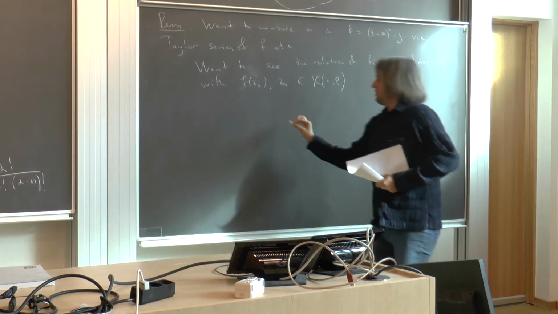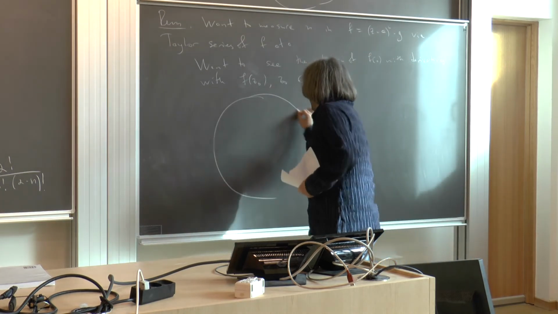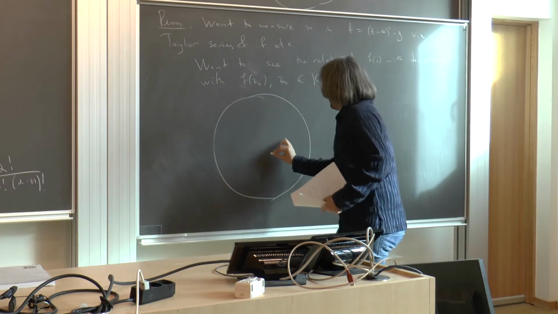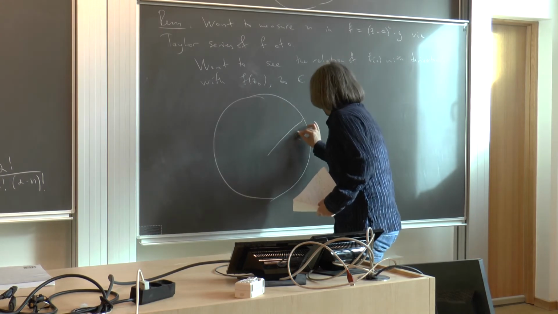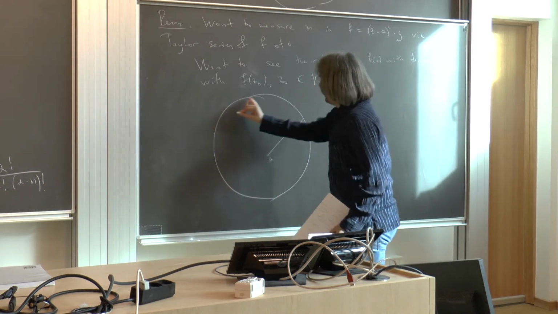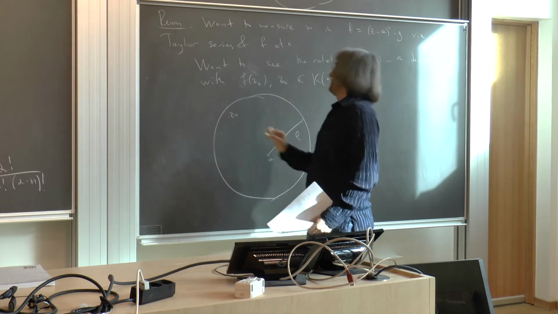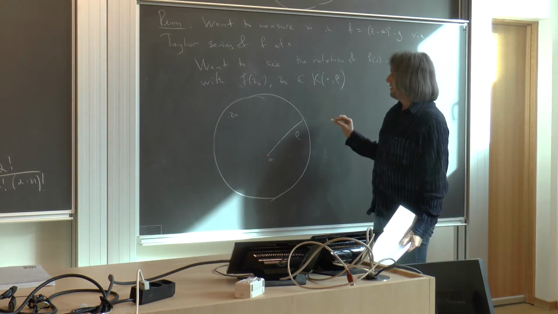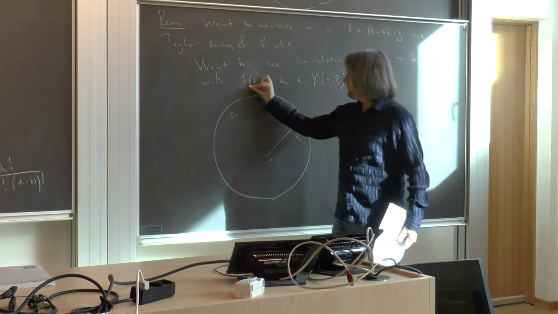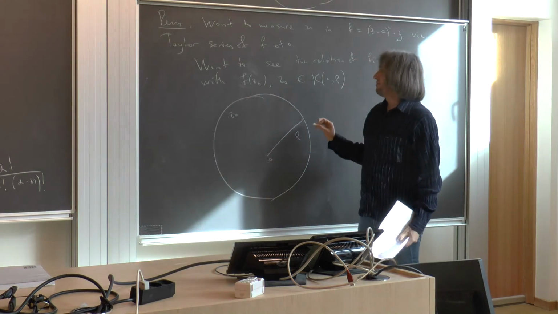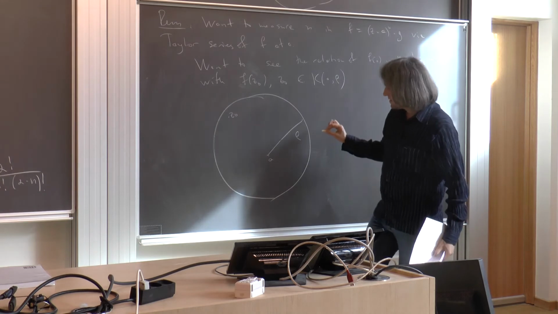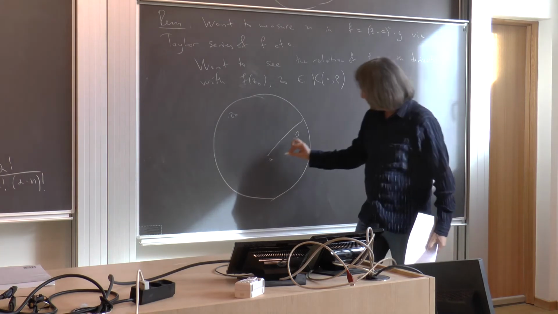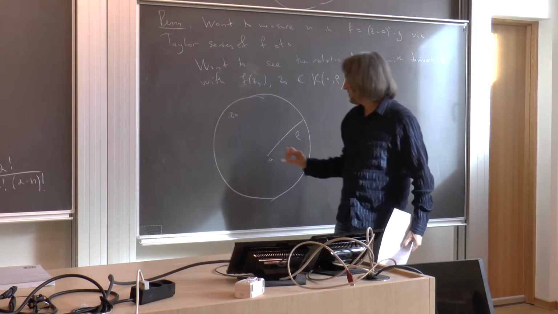So we have this big disk of radius rho around a, and we have z naught. What we start doing is expanding f by power series in small disks and passing the information from a to z naught.